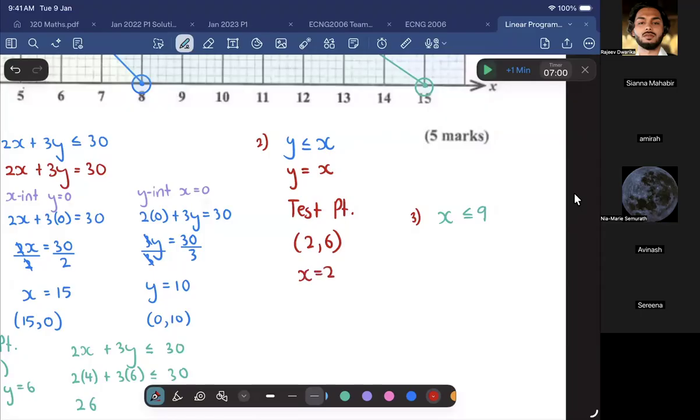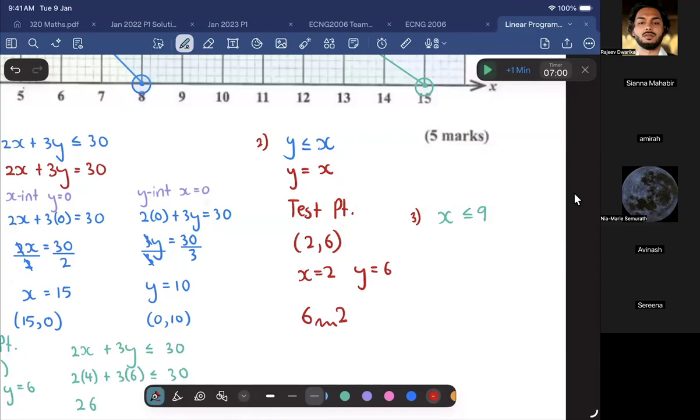Right, so x is 2 and y is 6. Let's put it into that format. So I'm going to leave out the sign for now, Amira, and then I'll figure out what sign I should put. So I need to put y first. So y is 6 and then I'm going to put x. X is 2. What sign should I put in the middle here?